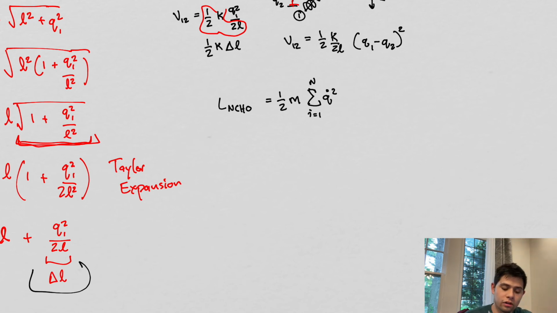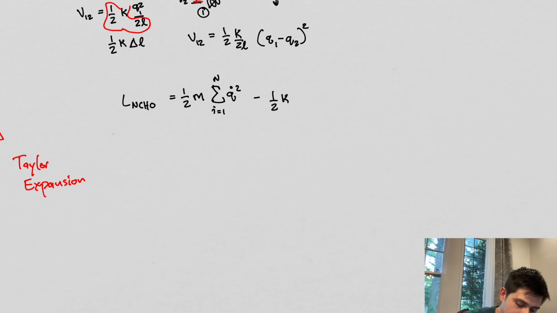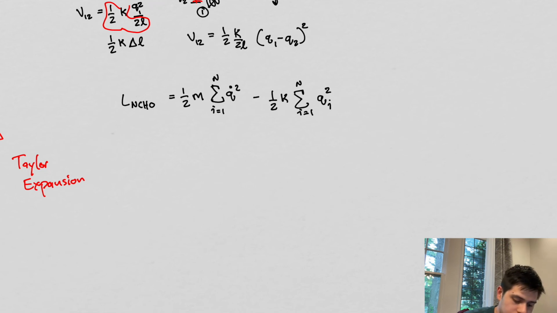So these are all of the individual kinetic energies of each one, minus 1/2 k, sum from i equals 1 to n, of Q_i squared. So this is all of the potential energy for each one. So this is kinetic energy for each. This is potential energy for each.